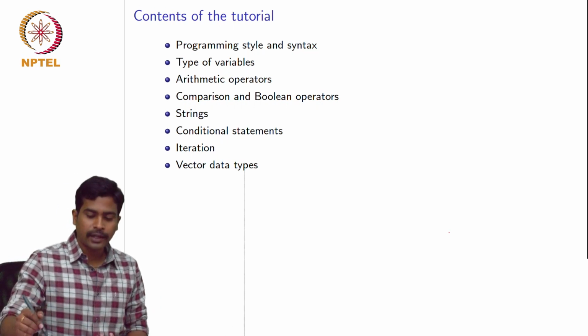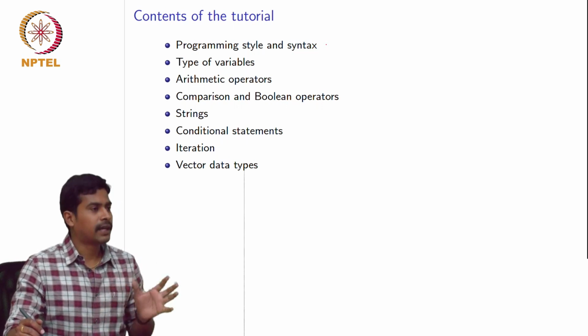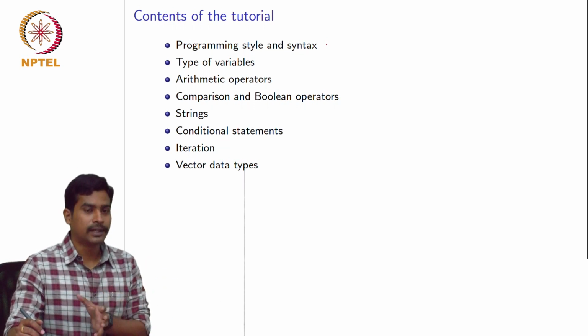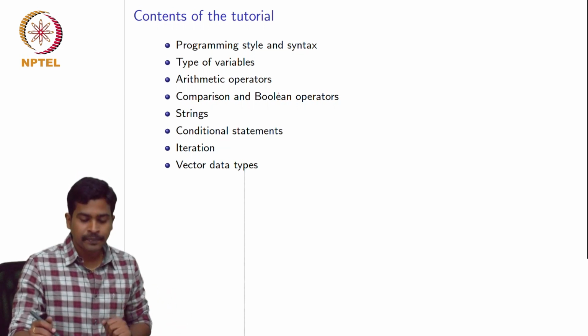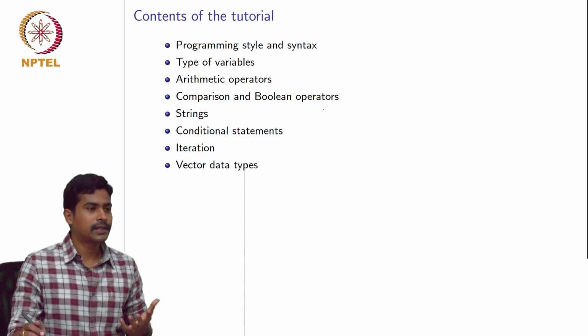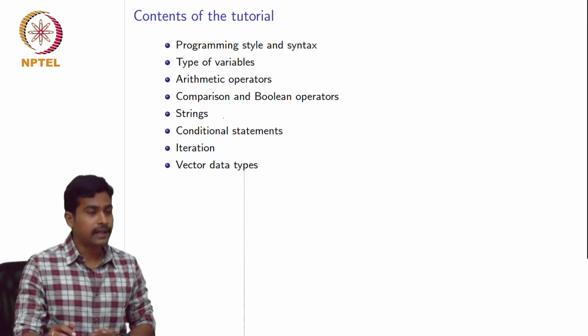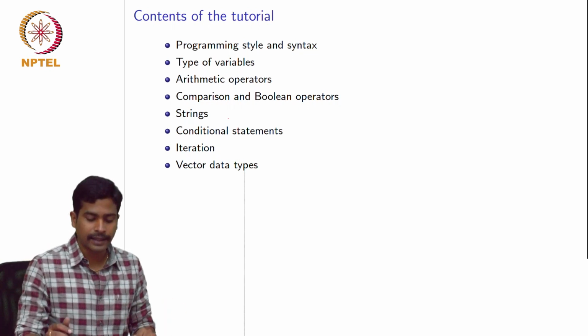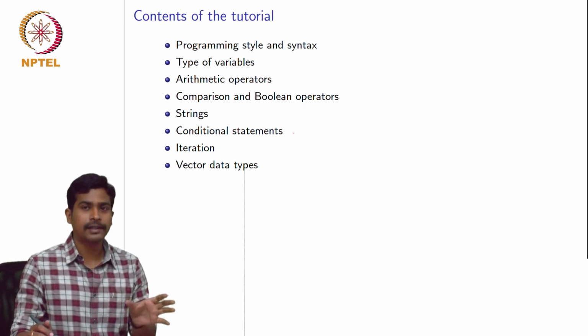These are the important topics that I'll be covering in today's tutorial. The basic programming style of Python, and the different types of variables like integers, floats and booleans, and the arithmetic operations on these variables like adding two numbers, division, multiplication. We need some comparison operations to see if a number is greater than or less than a given number, strings to give some sentences, and conditional statements to see if a given condition is true or false.